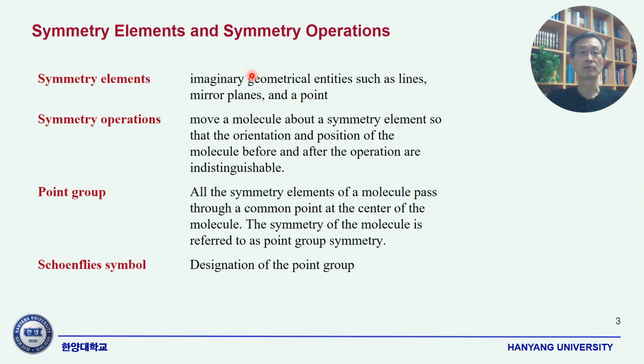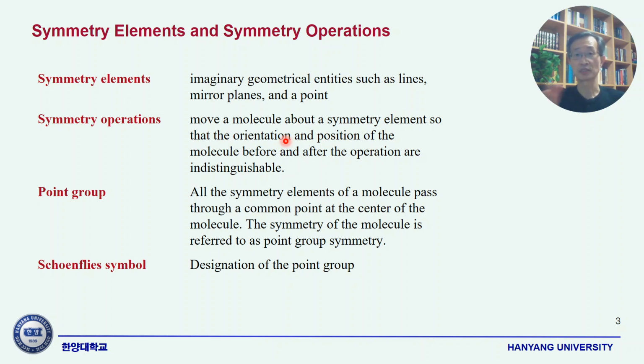Those are symmetry elements. For the methane molecule, we covered C2, C3, and sigma. So basically lines, many lines actually, 2 kinds of lines, and one kind of plane. Those are symmetry elements. And a symmetry operation is just moving the molecule about a symmetry element so that the orientation and the position of the molecule before and after the operation are indistinguishable.